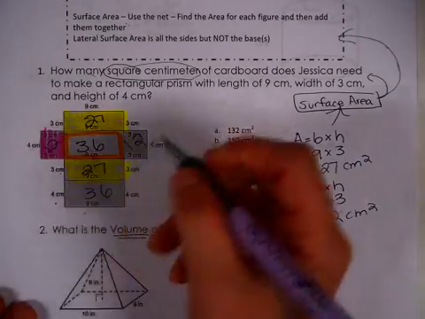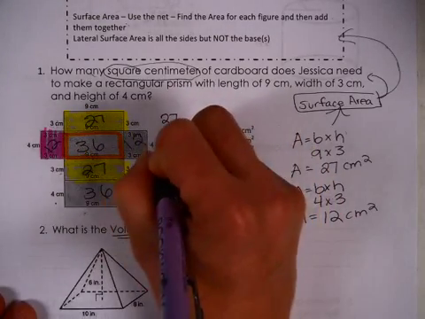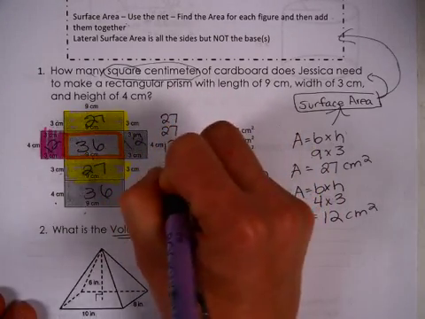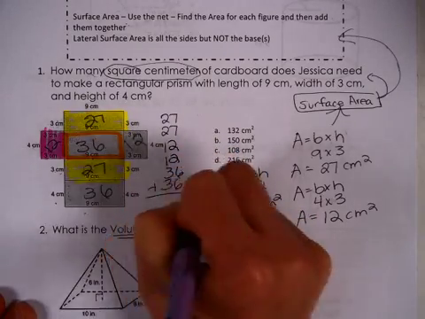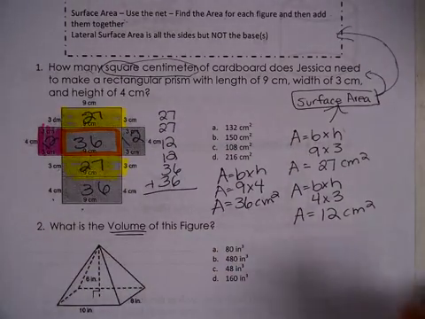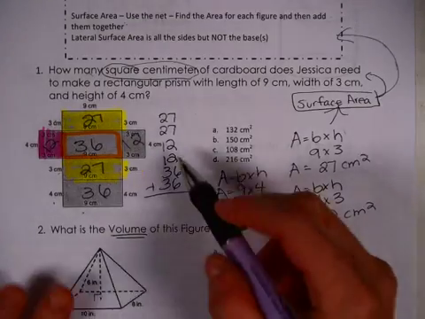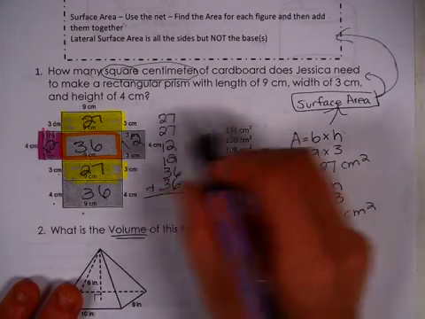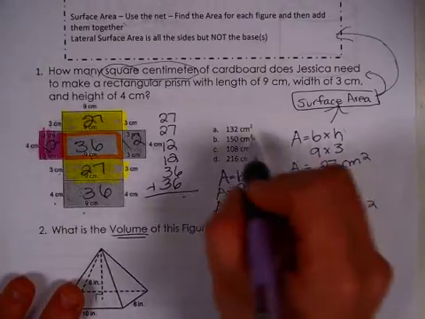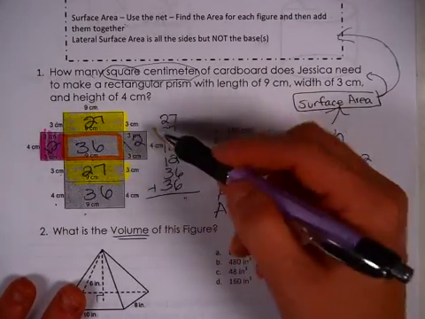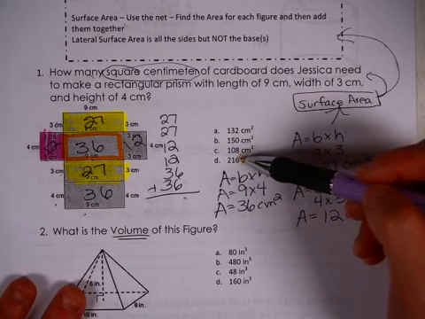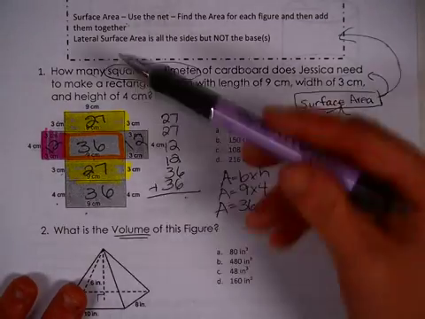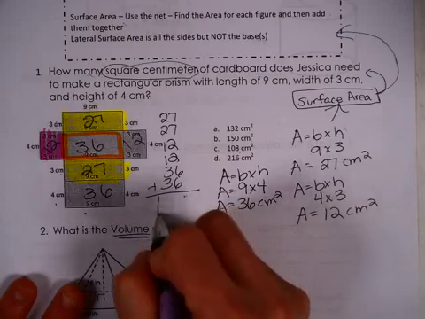Now I have to add them all up. 27, 27, 12, 12, 36, 36. I add them all up, and once I add all these up, you can find your answer. It's one of these, and if you did not get one of these answers for here, you've made a mistake. Okay? So you're going to add them all up, and you're going to get your answer.